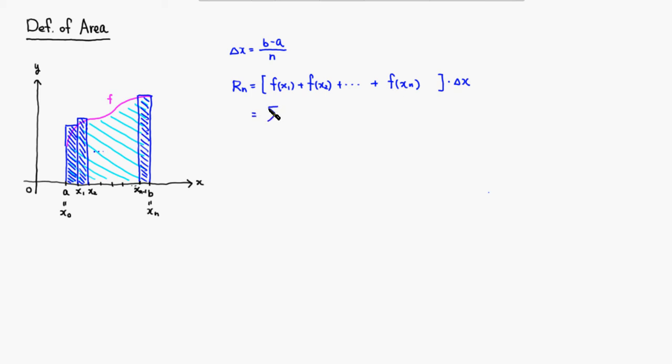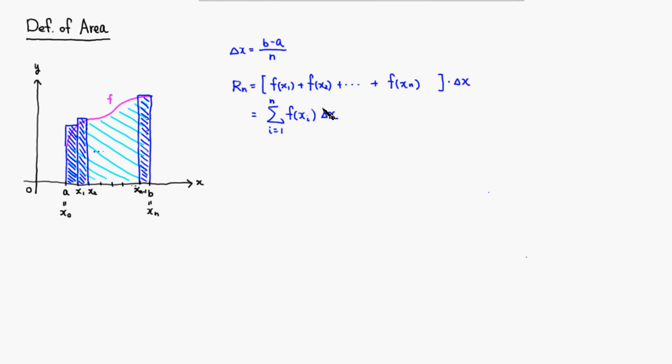The form of all of them is f of xi, i being the index. The index goes from 1 to n. So we say i starts from 1 and ends at n. Then you have delta x. This is the shorthand notation for right sum.